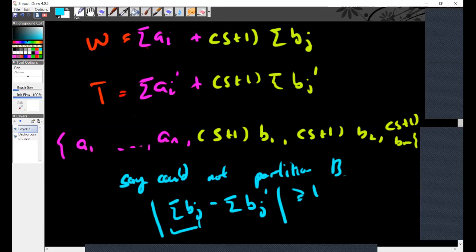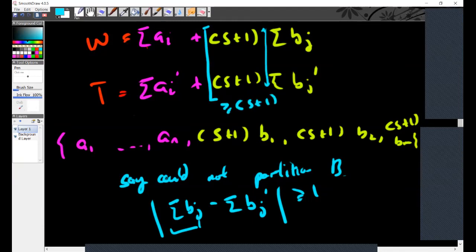So if the difference between them is at least 1, what is the difference here? Since this part here has a difference of at least 1, you know that this part here has a difference of at least s plus 1.